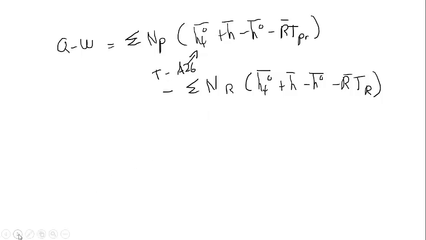So let's do it. We'll go to the next slide, and here Q is going to be the sum total of the number of moles of product. So if I look at my product side, I have 5 moles of CO2.